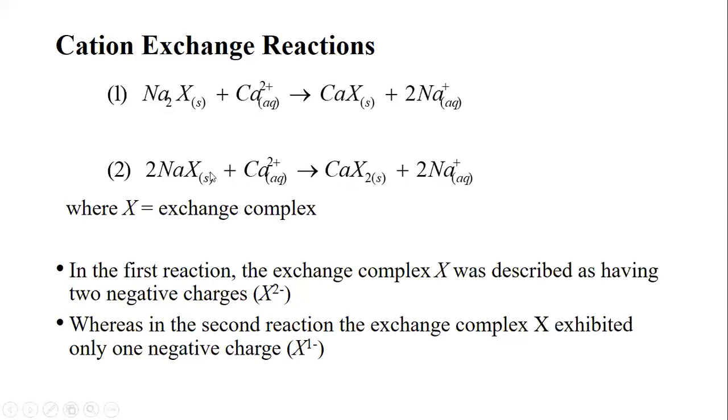It needed two of these X's because each has one negative charge. Calcium has two positive charges, so you need two of those, each one carrying a negative charge to neutralize the calcium charges. And of course, the 2 sodium will be released the same, 1 sodium coming from each X, so you have the 2 sodium coming into solution.